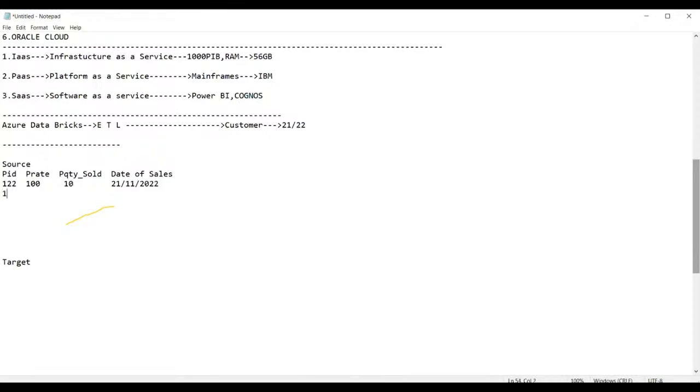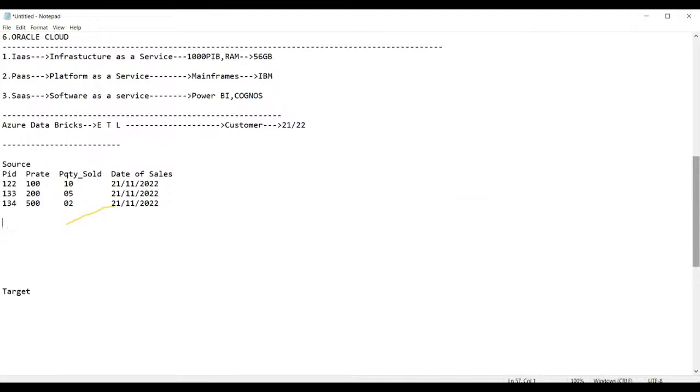And then another with 500, quantity 02, date 21/11/2022.